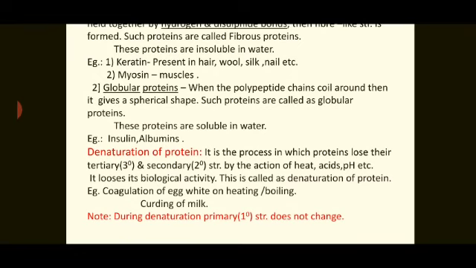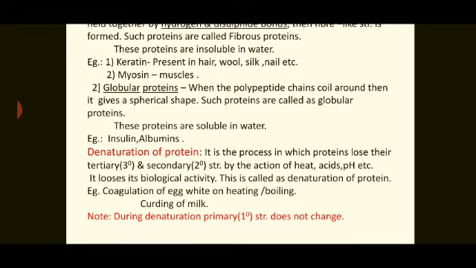It is the process in which proteins lose their secondary and tertiary structure by the action of heat, acids, pH, etc. It loses its biological activity also. The process is called denaturation of protein.